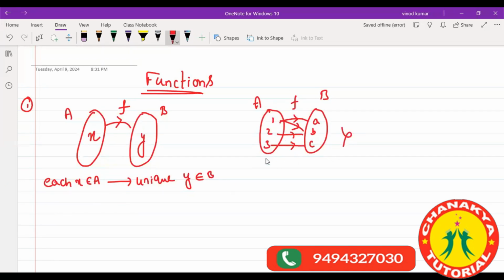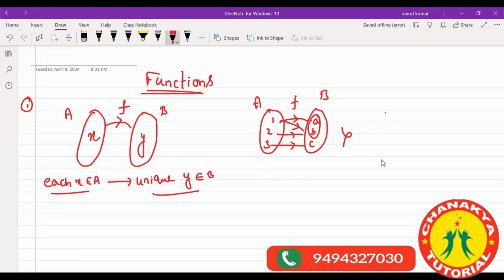Because every element in A maps with elements in B, but not uniquely. 1 maps with a and b, and a and b are not equal. Here f(1) equals a and f(1) equals b. So what I'm saying is, each x in A has a unique y in B. Every element in A maps with a unique element in B.